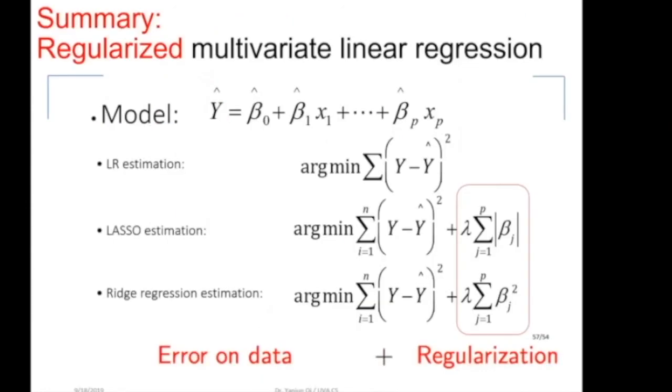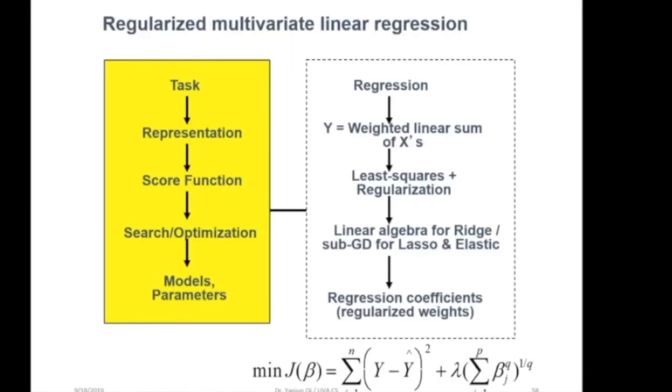All right. All these formulations share the same formula: error on the data plus regularization. So in the end, if you summarize this whole category of approach, it is to revise the loss function by adding regularization constraints. And of course, not just L1 or L2, you can have the Q norms.